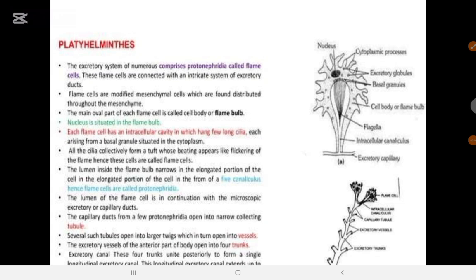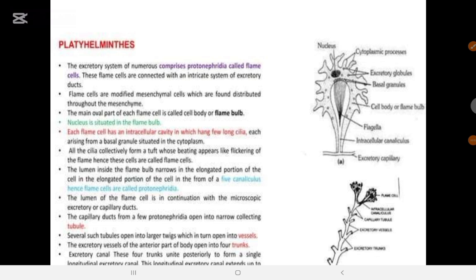Now, saying these guys are more advanced than the coelenterates does not mean that they do not respire by diffusion at all. Their main waste is ammonia, and since they live in water or moist places generally, some of it still goes out by diffusion through their body surface.